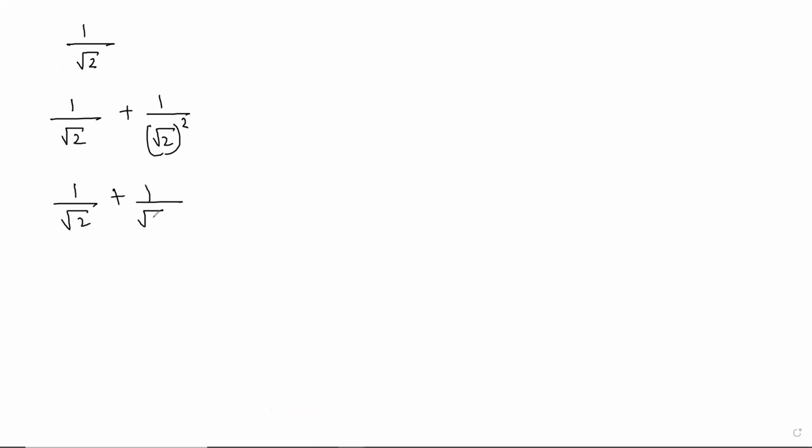Right, now let's go to the next one. The next one is more interesting, as we have 1 by square root of 2, then 1 by square root of 2 plus 1 by square root of 2 square, and similarly we have this. Again, can anybody cook up an argument?